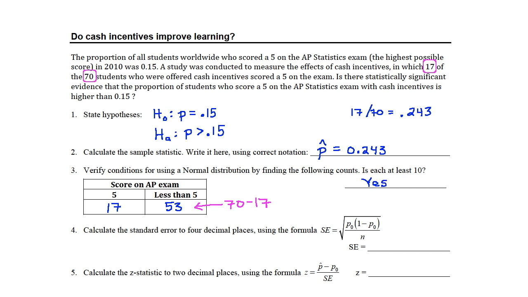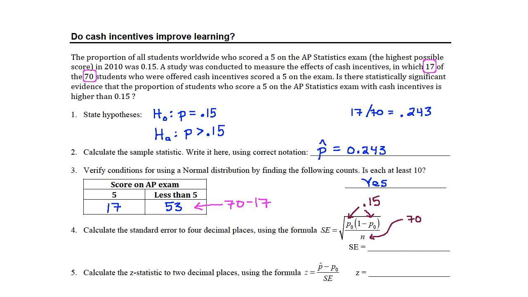Now for our standard error, we do need to make sure we use p naught instead of p hat. So p naught is that 0.15 from our null hypothesis. And n, we've decided, is our total sample size of 70.